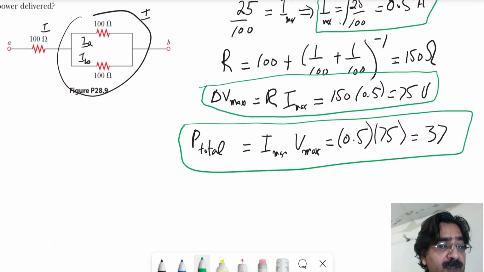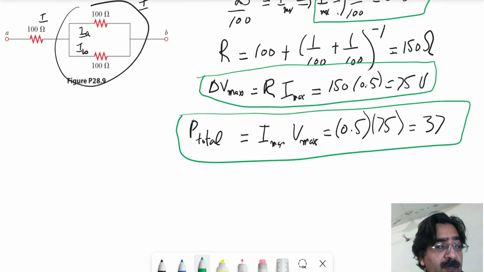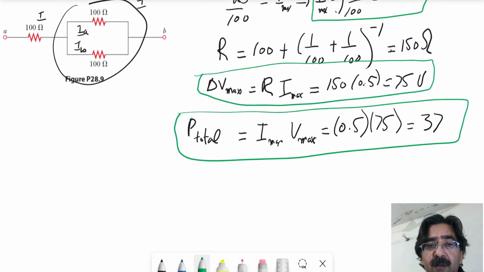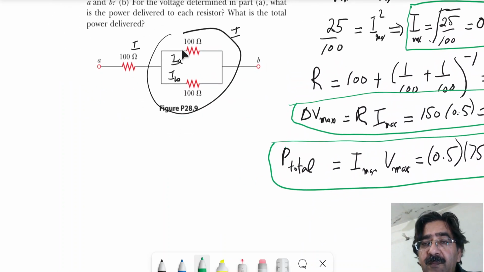Now we have to find the power delivered to this and this resistance, using I squared R.